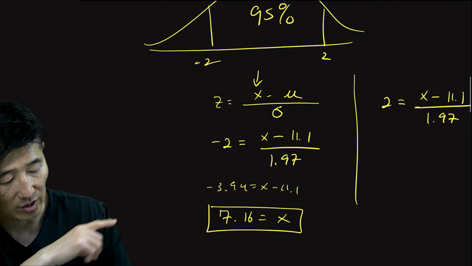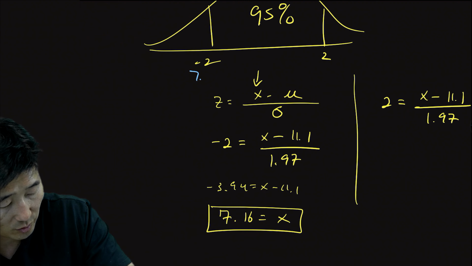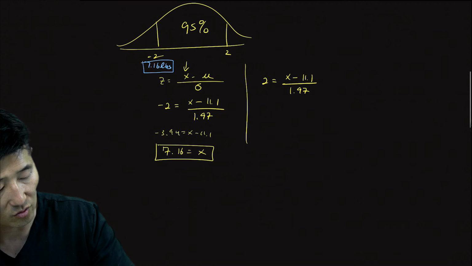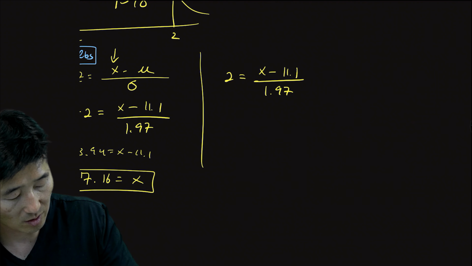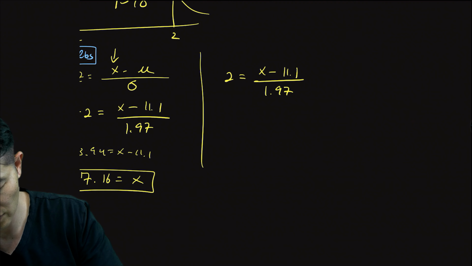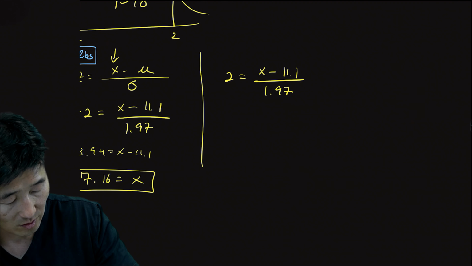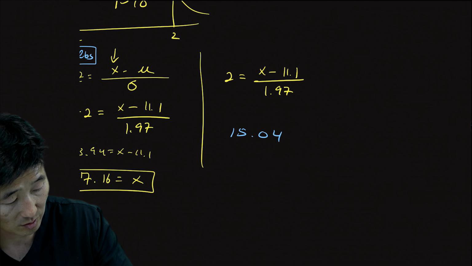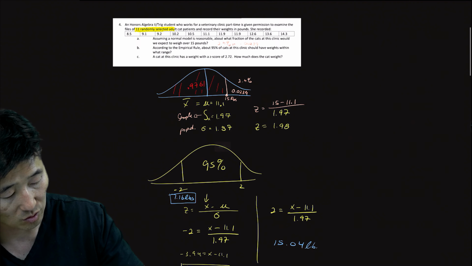I'll put 7.16 pounds right here. And the right side will be 2 times 1.97 plus 11.1, which is 15.04 pounds.